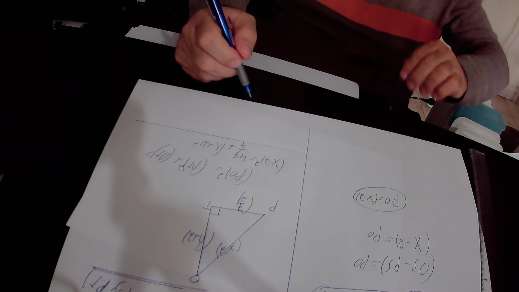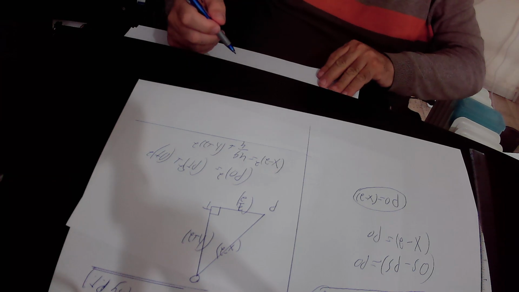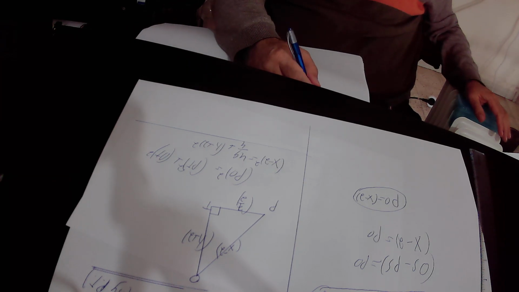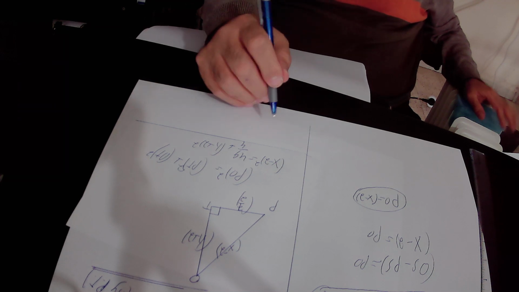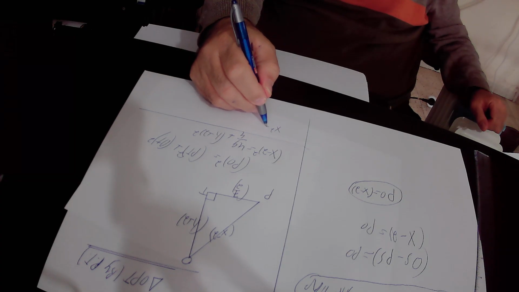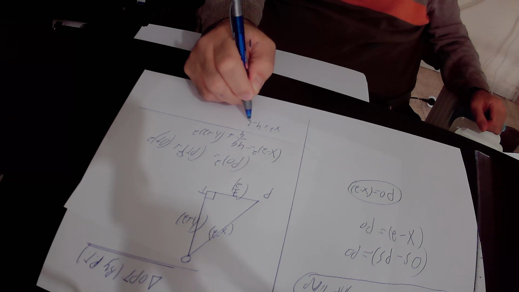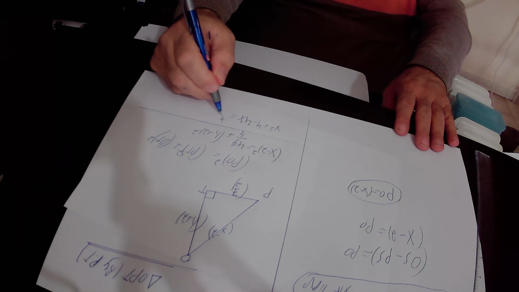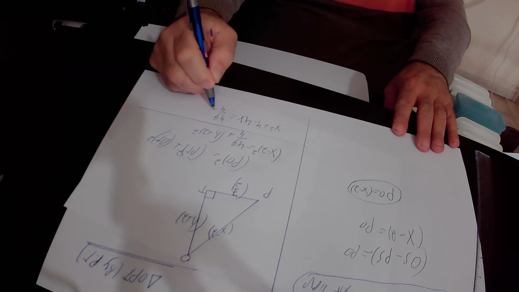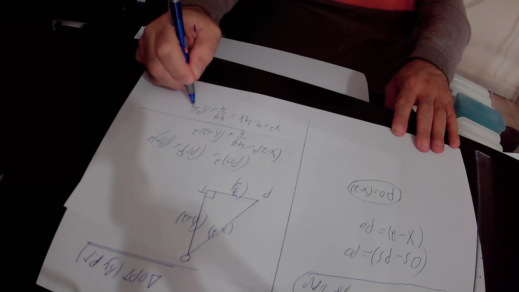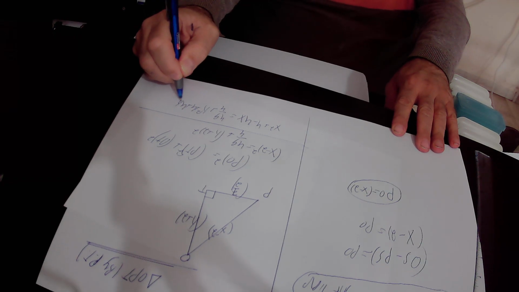(x minus 2) squared equals x squared plus 2 squared, that is 4, minus 4x, and it equals 49 over 4 plus (h plus 2) squared, which is h squared plus 2 squared, that is 4, plus 4h.